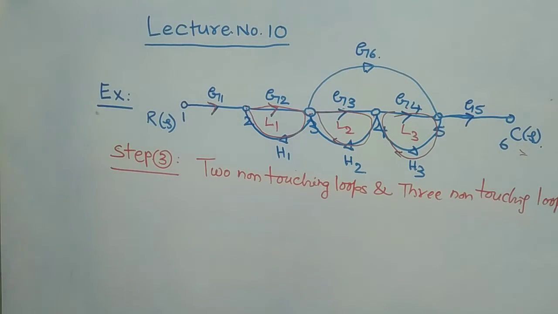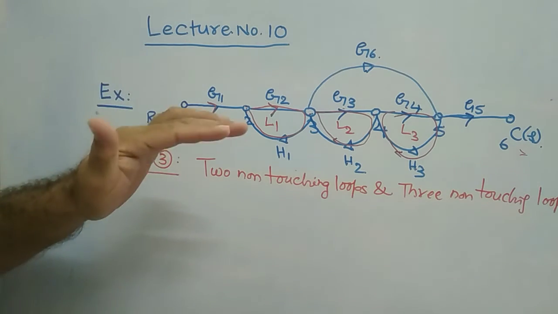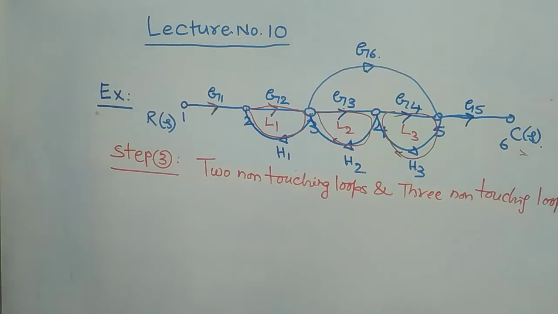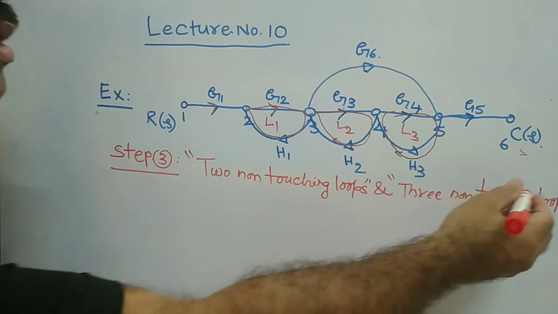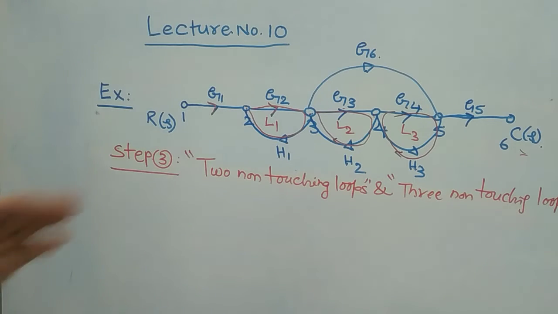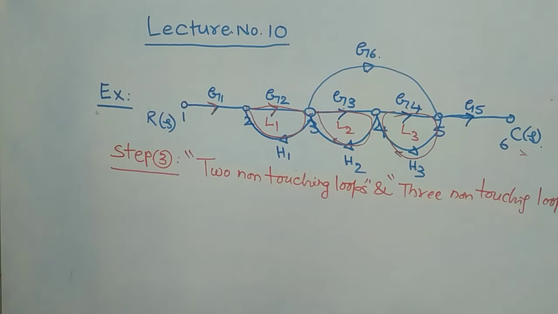Is there any possibility of availability of 2 non-touching loops and 3 non-touching loops in the given signal flow graph? If at all, then we have to identify them, and we have to mention the loop gain.